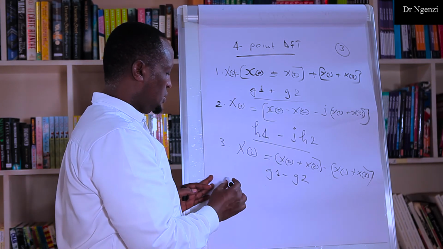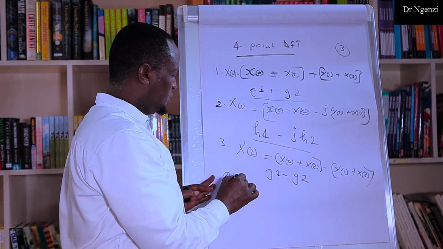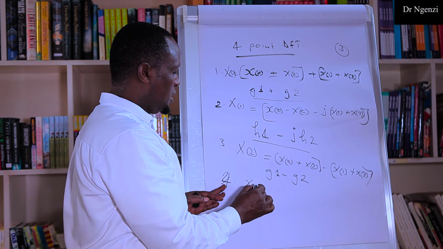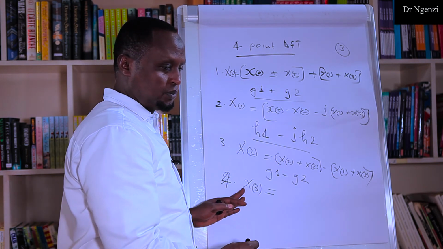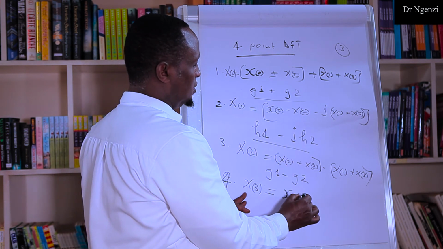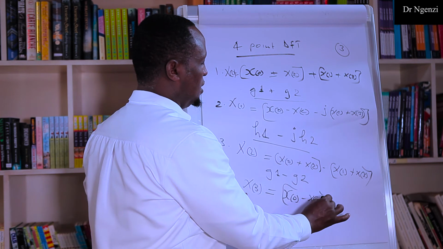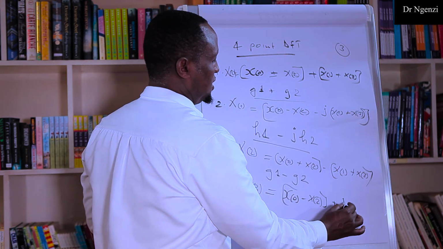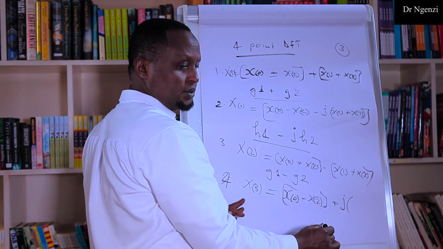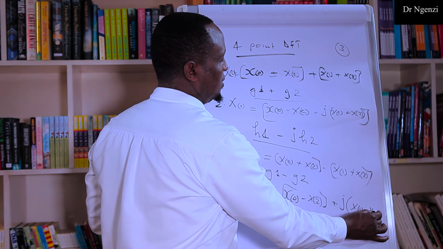So at number 4, which is the last point, where we are stopping at 3, it is going to be x of 0 minus x of 2, plus j of x of 1 minus x of 3.